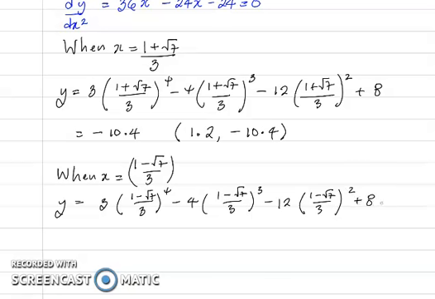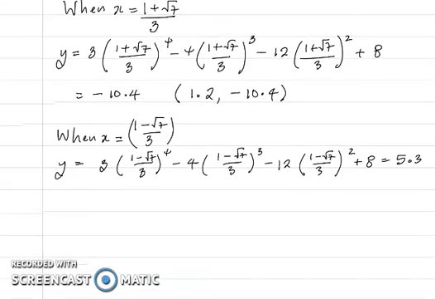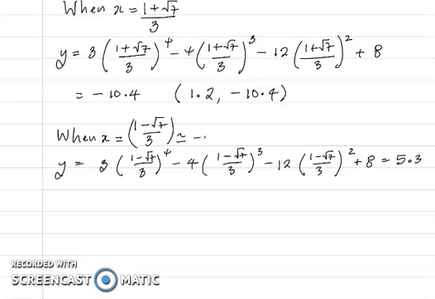And if we put that in the calculator, we're going to get approximately 5.3. Remember that x was already minus 0.5. So minus 0.5, 5.3 is another point on the graph where d2y by dx squared is equal to 0.